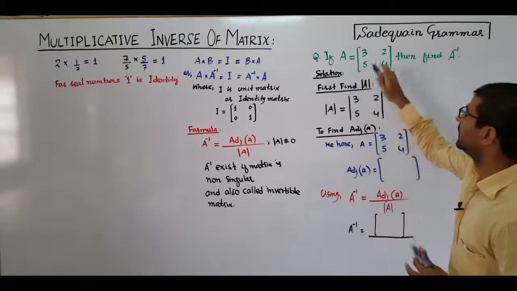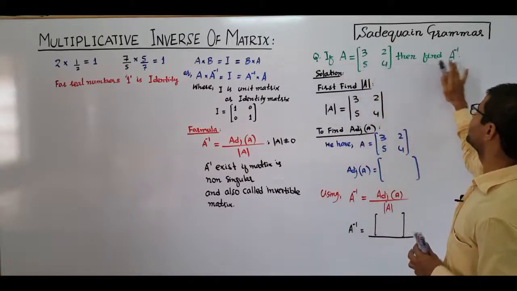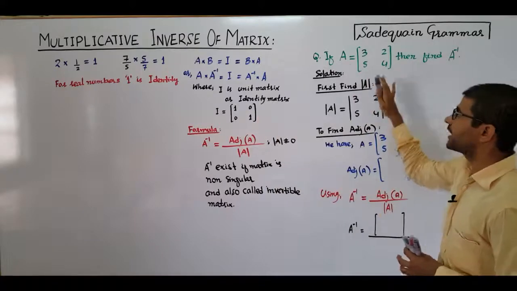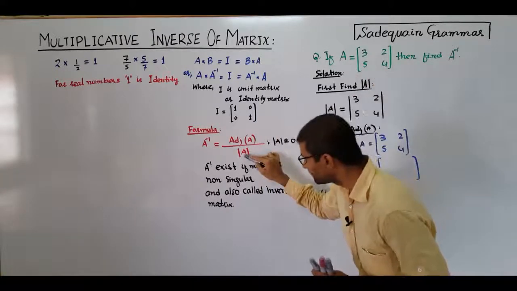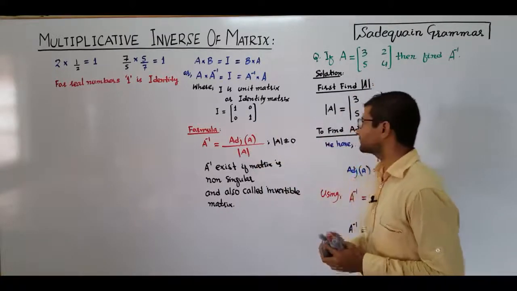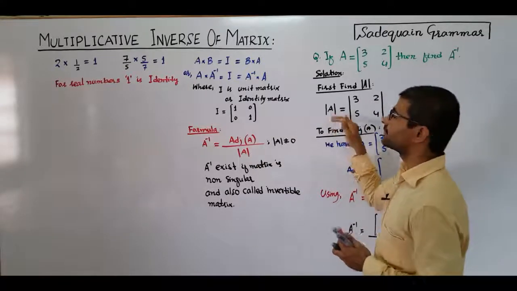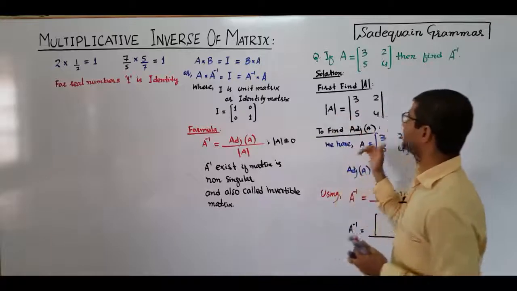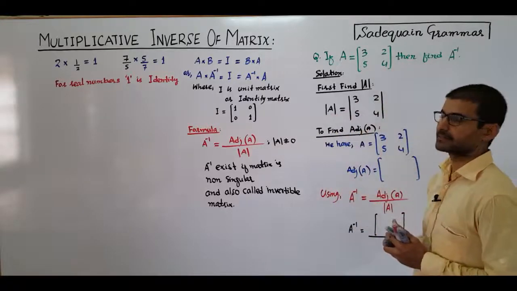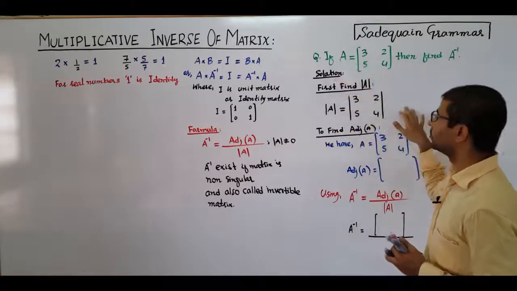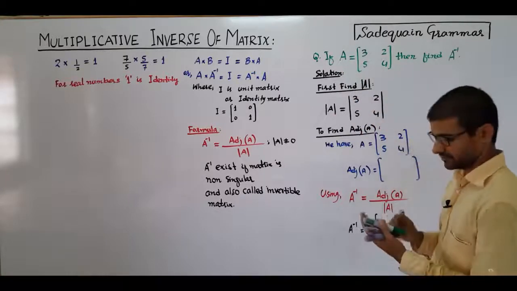For example, students, we have this matrix. First we have matrix A, then find A inverse. So first we have to find the determinant of A. If A determinant is not equal to 0, if A determinant exists, then A inverse also exists. If A determinant is 0, then A inverse does not exist.